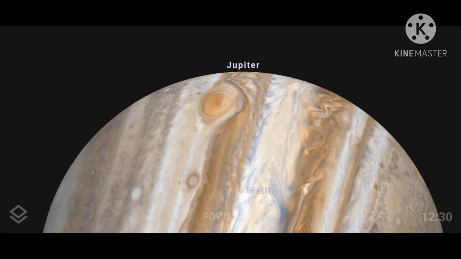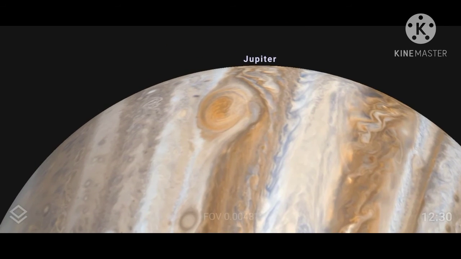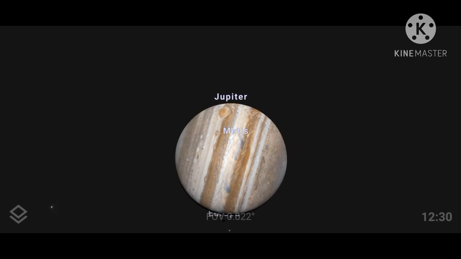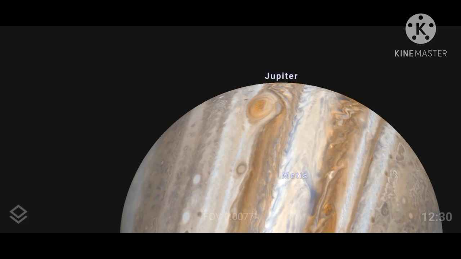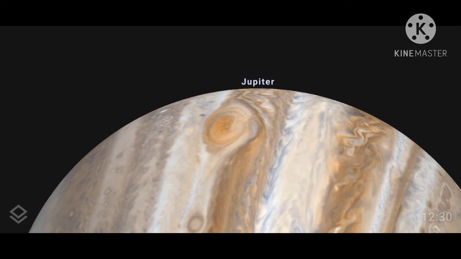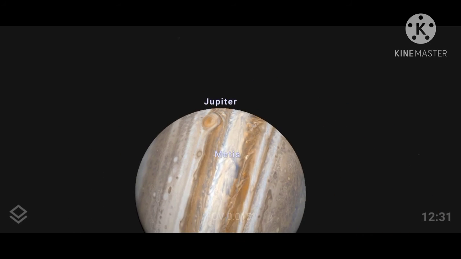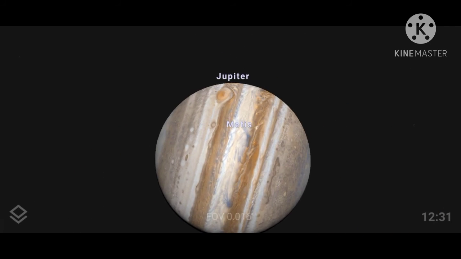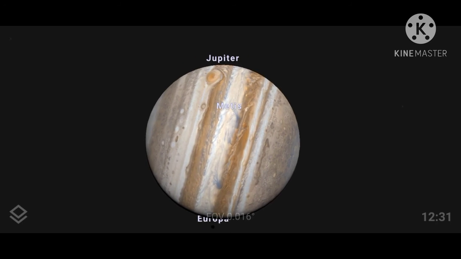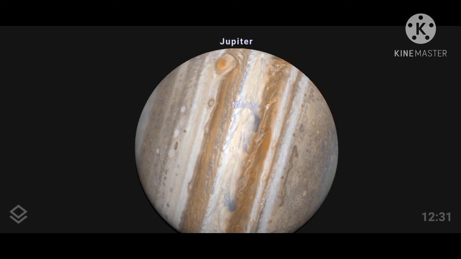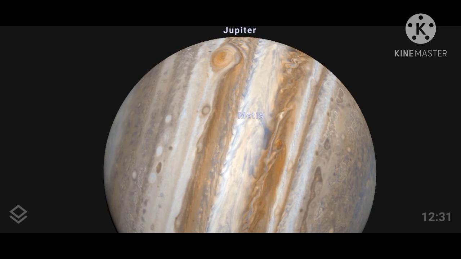In this case, we can see the Great Red Spot of the planet, which is a raging storm that has raged for about 384 years, the longest time that a typhoon has lasted. It is one of the oldest existing weather disturbances in Jupiter's atmosphere.